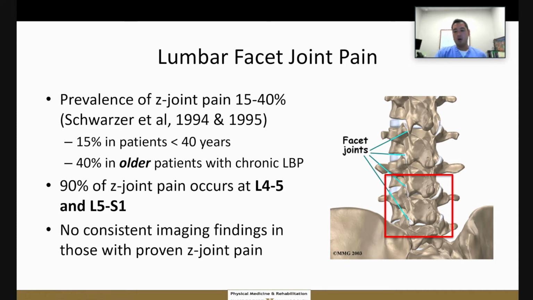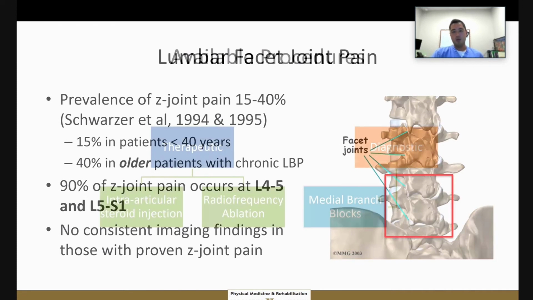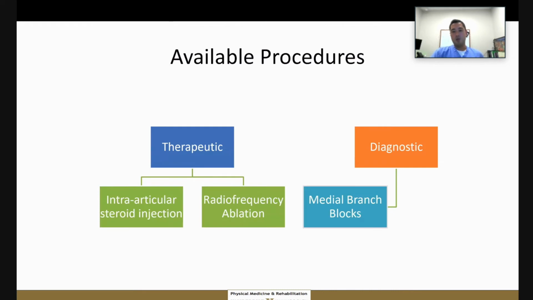There have been no studies that demonstrate that imaging findings are very consistent in diagnosing lumbar facet joint pain. So when we think about different procedures we can do for facet joint pain, we have diagnostic procedures such as medial branch blocks, and we also have therapeutic injections like intra-articular steroid injections into the facet joint or radiofrequency ablation.